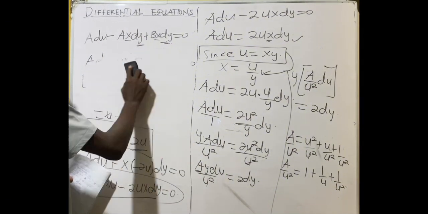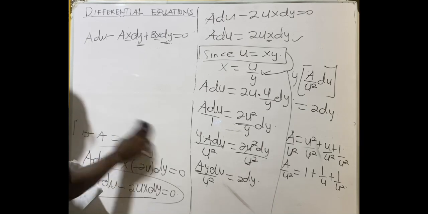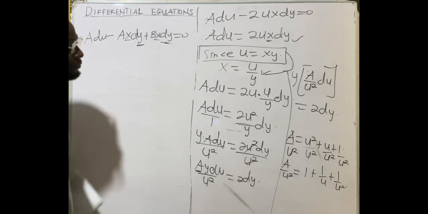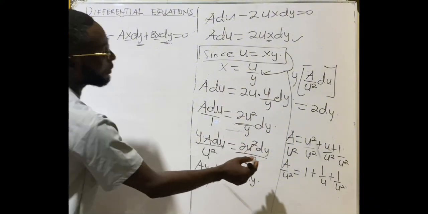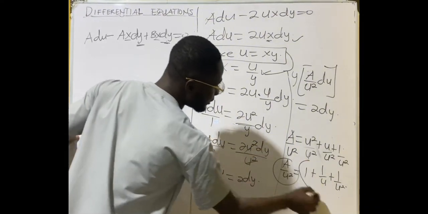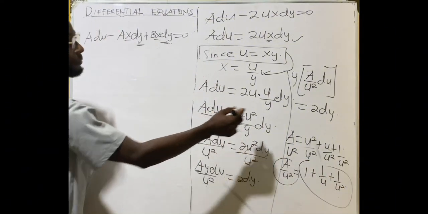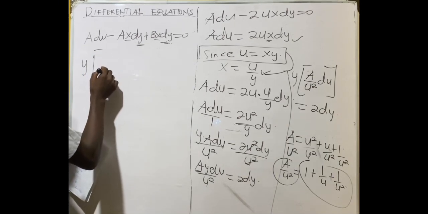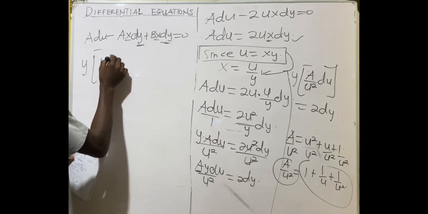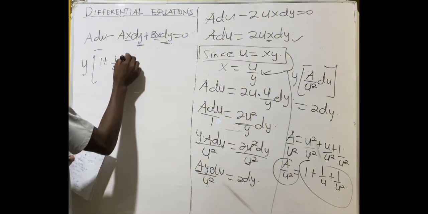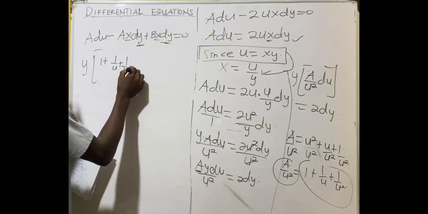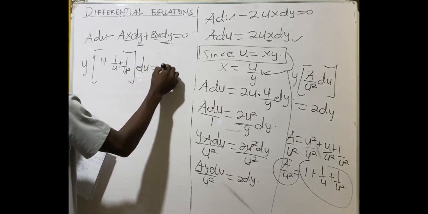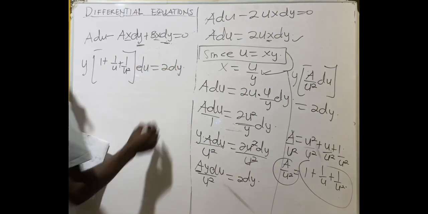So basically we are breaking it down. We will result into a simple differential equation, which is going to be the separable method. So now our a over u squared is this expression, right? So we're going to substitute it in there. Then we have 1 plus 1 over u plus 1 over u squared, all multiplied by du equals 2 dy.